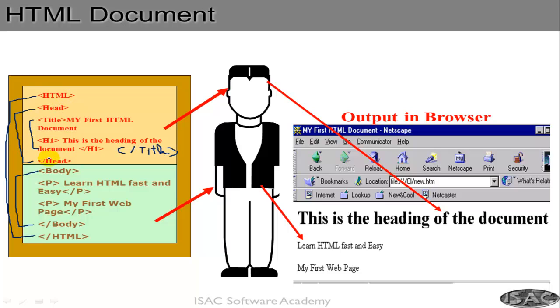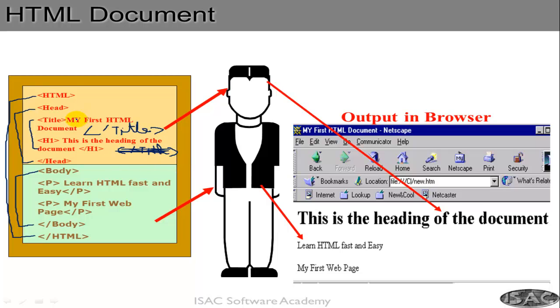Inside html, first should be head, inside head there should be a title, and then there should be body. Where does this head go? Head is like the top. Inside that there is a title, which is the heading of the document. Sorry, the title will be closed here. Sorry for my bad handwriting.